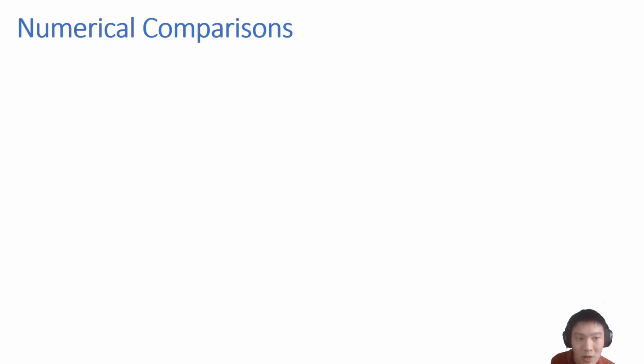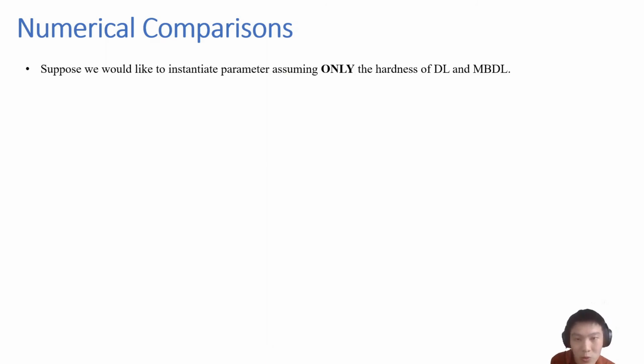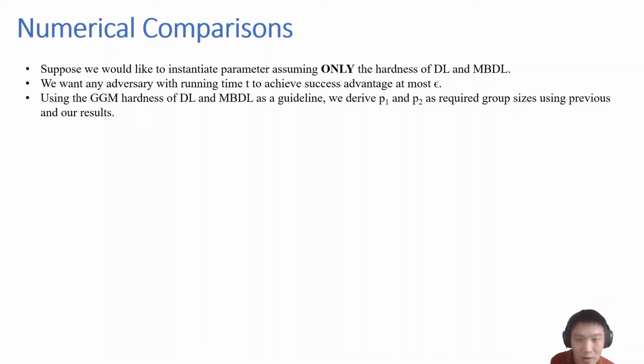As a comparison, we demonstrate that our result is indeed better if one were to instantiate parameters assuming only hardness of DL and MBDL. So here we're going to specify running time T and success advantage epsilon. And for both DL and MBDL, we'll apply the GGM bound relating the group size P to the running time and the bound desired epsilon.